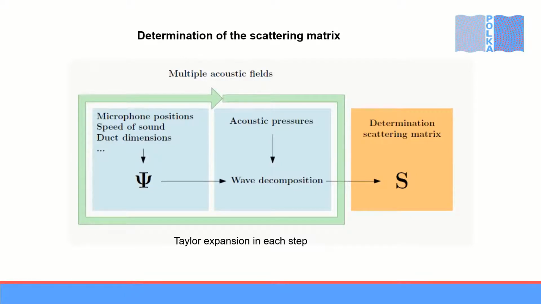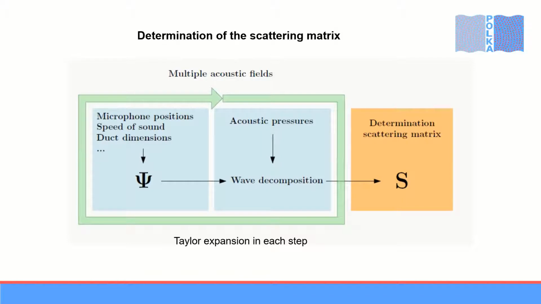Then we also have the acoustic pressures that we measure, and these go into the wave decomposition first. So that's the first calculation. You do the wave decomposition and you get the waves propagating in each direction, and then to get the scattering matrix, there's an extra step, a matrix inversion or calculation step.